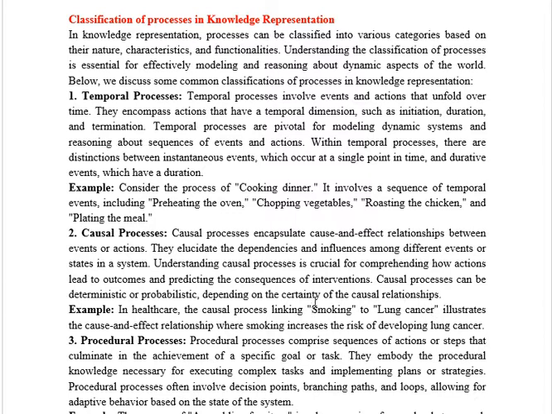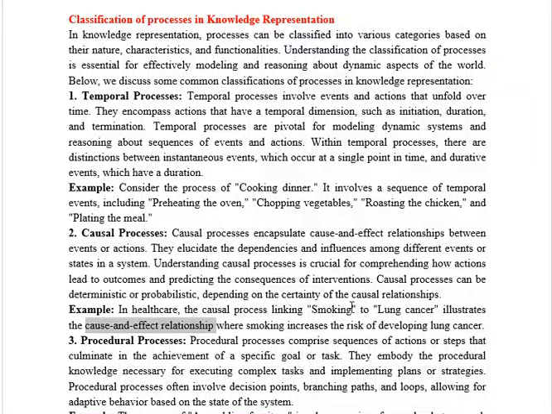If we use smoking, we will be affected with lung cancer. So this is a cause and effect relationship between two events or actions. Smoking is one type of action, and lung cancer is the other action or event. They say it is a cause and effect relationship where smoking increases the risk of developing lung cancer.